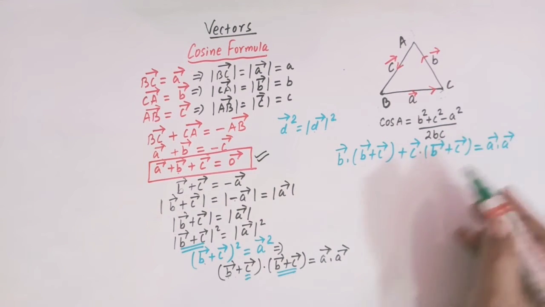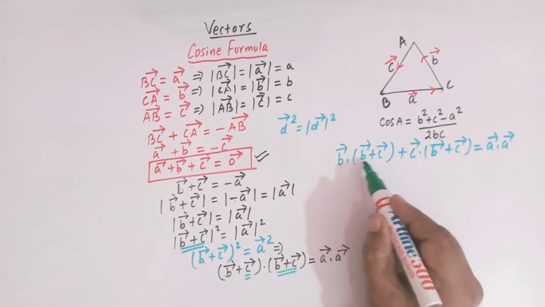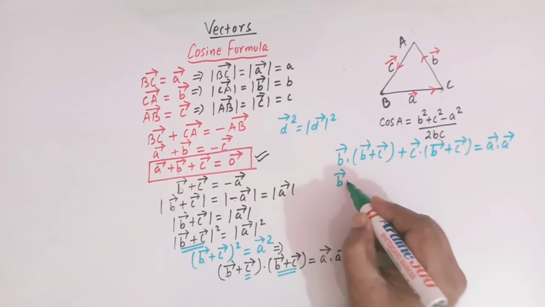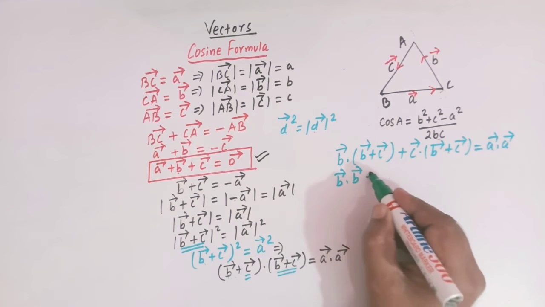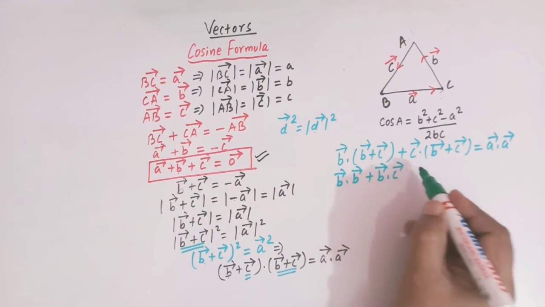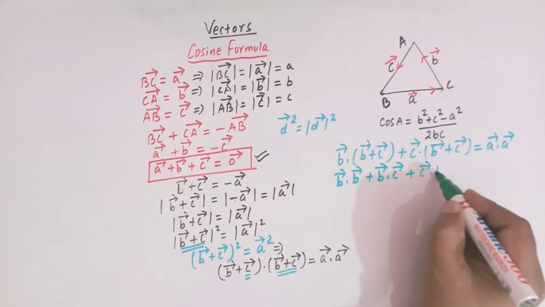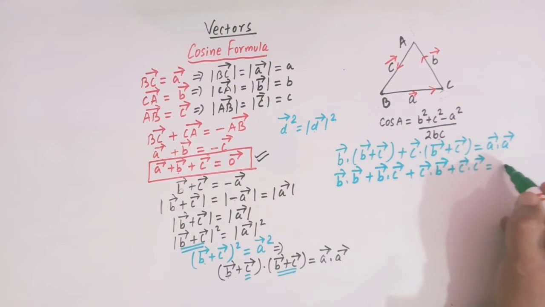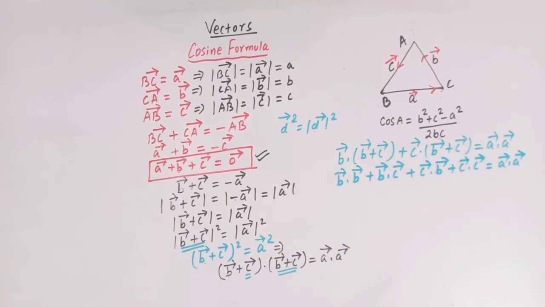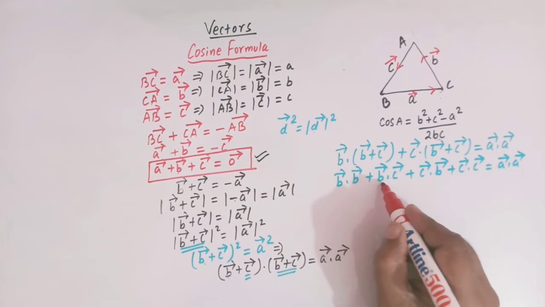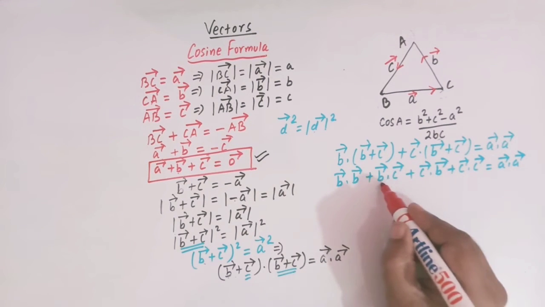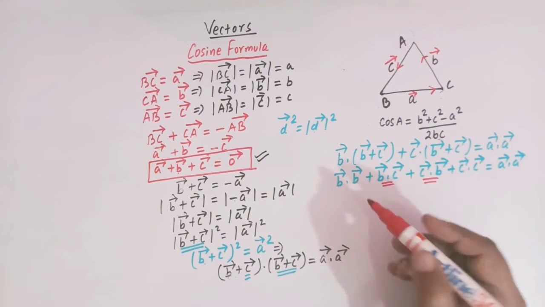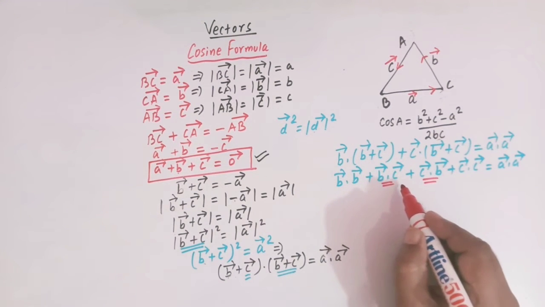Now we can write vector b dot vector b plus vector b dot vector c plus vector c dot vector b plus c dot vector c, and here we have a dot a. Looking at this relation, we see that we have b dot c and c dot b, and we know that the dot product of two vectors is commutative.